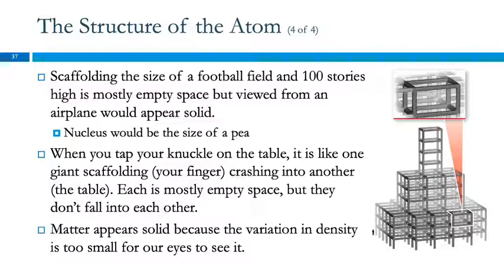So when you knock your knuckle on the table, you can't do that at home because every time you make a knocking sound, the dog goes nuts because that means somebody's at the door, right? So we never do that at home. You knock on the table, that's like taking one giant scaffolding, your knuckles, and crashing it into another giant scaffolding, the table. They don't go through each other, but they're mostly empty space.